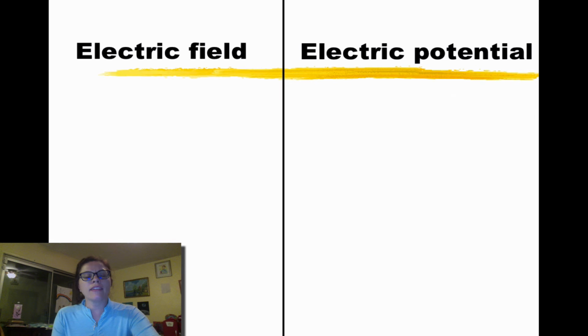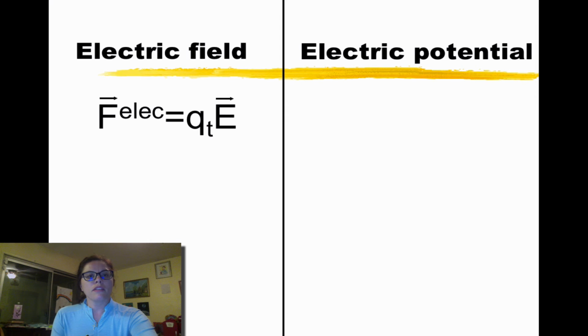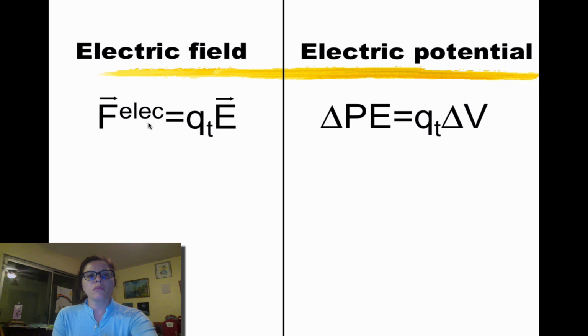Now, when I said the definition in the very beginning of this video, it should have sounded kind of familiar. It was very similar words to when we were learning the electric field. So the electric force is equal to a test charge times the electric field.